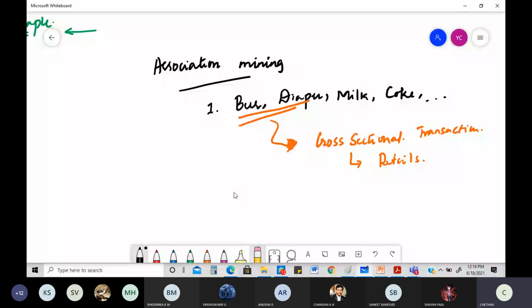Next, this is one example we saw. The next example is jam. Remember the bread, butter, jam example. The thing that people talk about here is that only bread is not of much value to us.